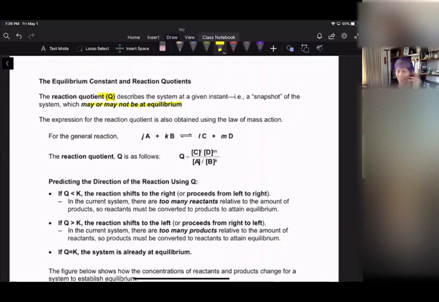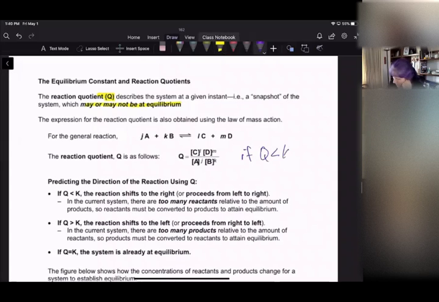So Q is like K, but it's not at equilibrium. So we'll put in the initial concentrations or whatever concentrations we're given, calculate a value for Q, and we can compare it to K. If Q is smaller than K, which direction does it have to go to proceed towards equilibrium? If Q is less than K, then that means it needs more products. That means that the numerator is small, right?